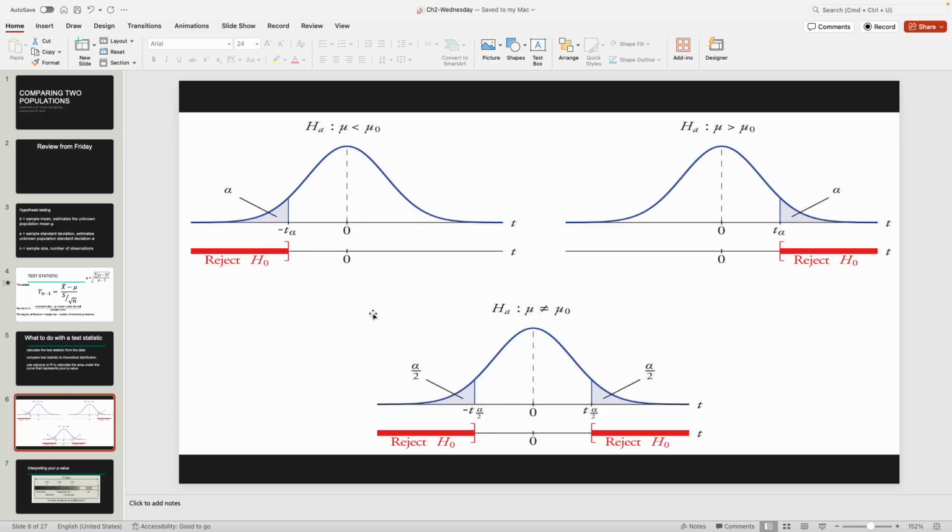So depending on your alternative hypothesis, you're calculating the area under the curve here if the alternative is of the form less than. And you calculate here the area under the curve, that gives you your p-value.